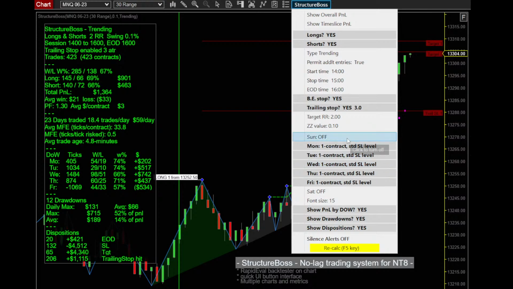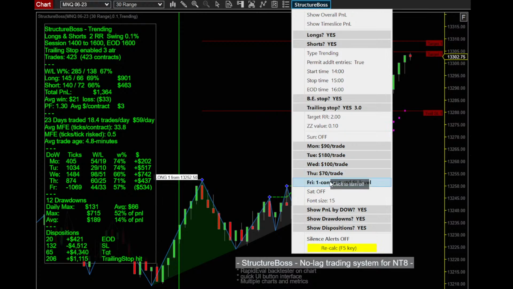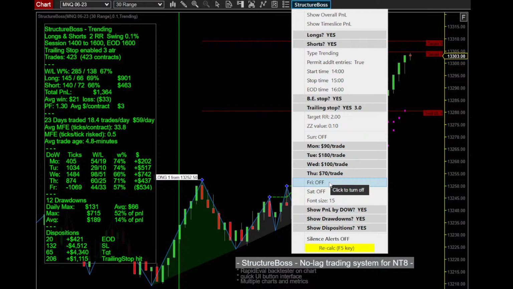I want to go over this because if you use your mouse wheel, you can individually change these values. As you see, I'm just doing different values for each. I can turn them off if I go with my mouse wheel all the way backward, or I can increase them. So if you're liking the way that it's trading, like here on Tuesday and Wednesday, you might consider increasing those allotments in your risk.